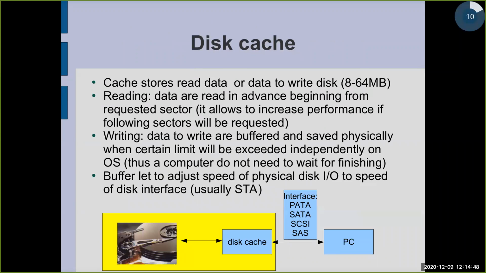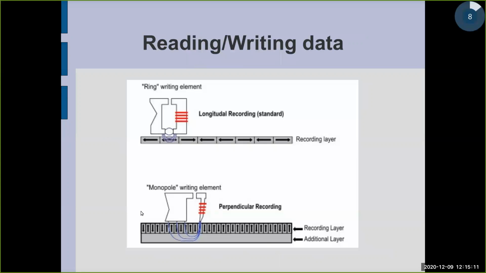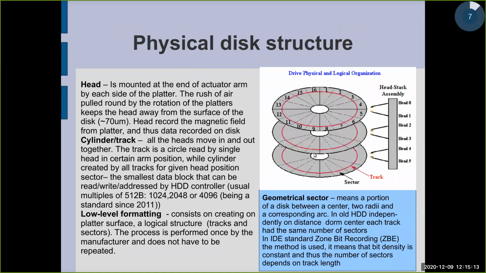This is called seek time. Seek time is the time of transition of the arm from the current position to the desired position. It takes 3 to 15 milliseconds. So we have to spend this time to move the head from this point to the outside part.